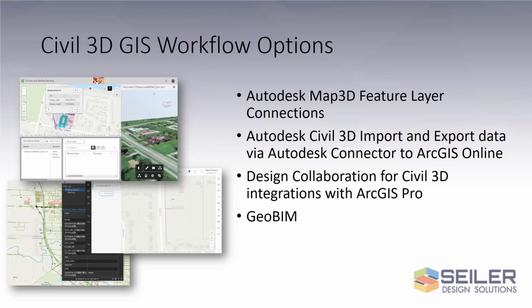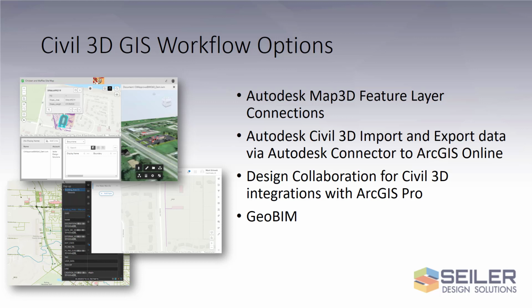Now, in this first half of the session, we're going to talk about the variety of ways that we can coordinate GIS and BIM data in a Civil 3D design using a variety of workflows. And the first thing we're going to start with is the Civil 3D GIS workflow options, which also includes Map 3D, as Civil 3D is built on the backbone of both AutoCAD and Map 3D. We can talk about just connecting to GIS data via the Map 3D feature layer connections.